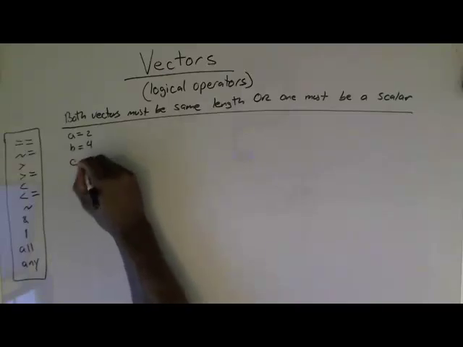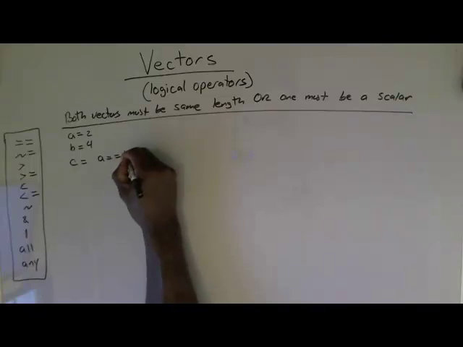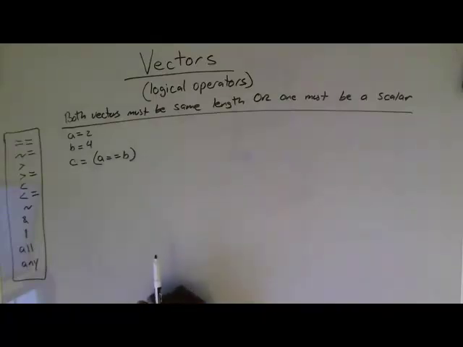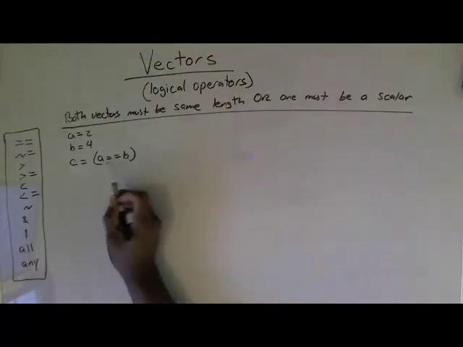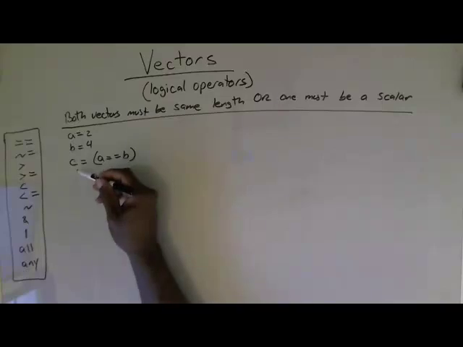If I say c equal to, and I like to use parentheses around my statements because all these equal to's can get confusing, a equal to b. So this is the Boolean or logical statement. Does A equal B? So the question would be, what is the value of C?